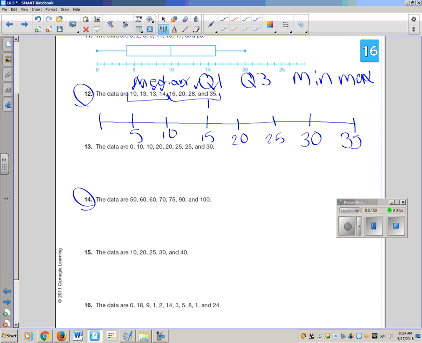So then this is quadrant 1 right here. And then the minimum is 10, so you draw the little dot. Quadrant 3 is 24. You want to go up to 24, and then you draw the dot up. And there you go.